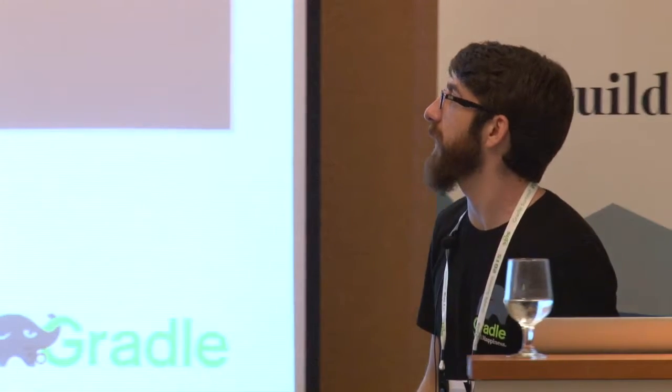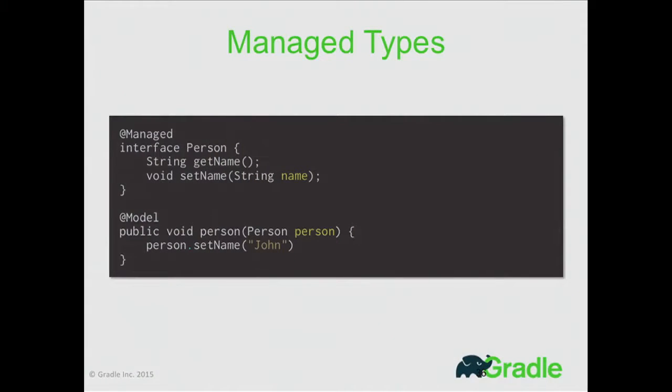So this makes a little bit more sense. This is kind of what a managed type creation rule would look like. At the top, I'm defining a new managed type. In this case, I'm defining it as an interface, but I could just as well define it as an abstract class with abstract methods. So I'm basically saying it's just going to be something called person, and it's going to have a property called name, right? Get and set name. But it's an interface, so I don't provide implementations for these methods.